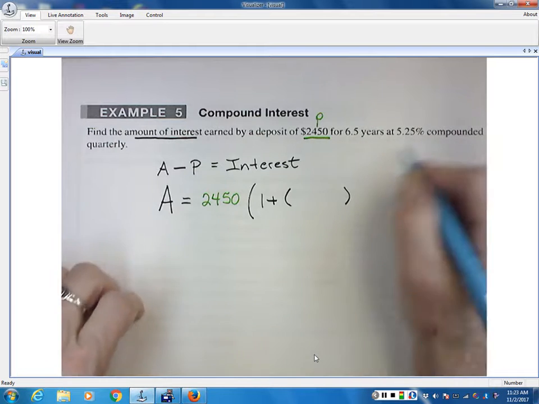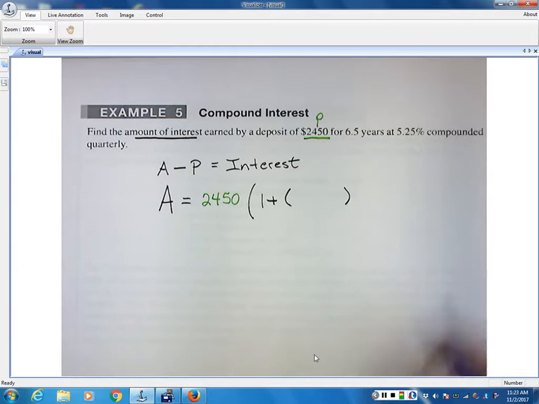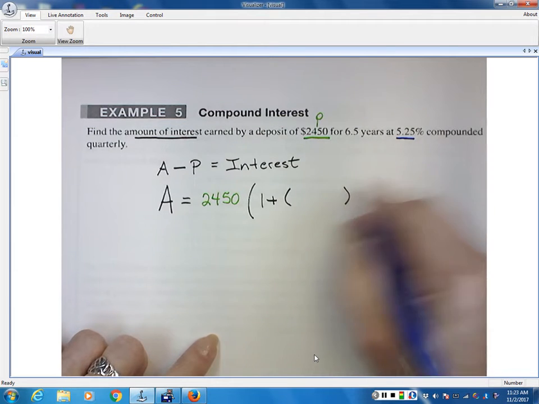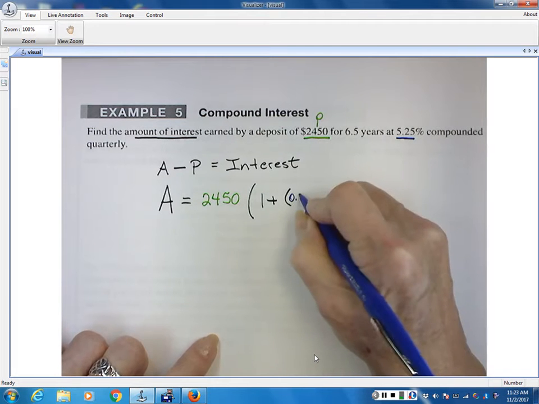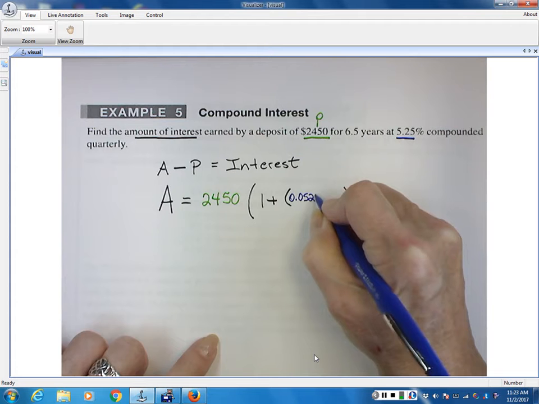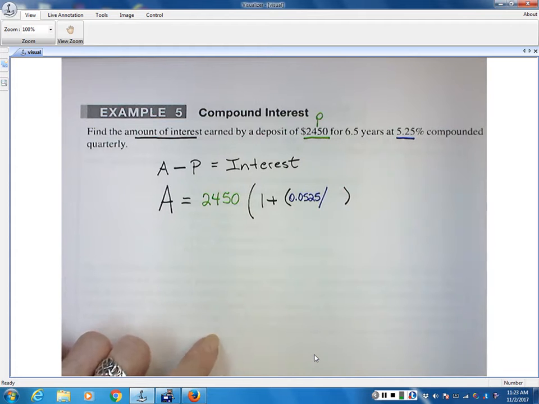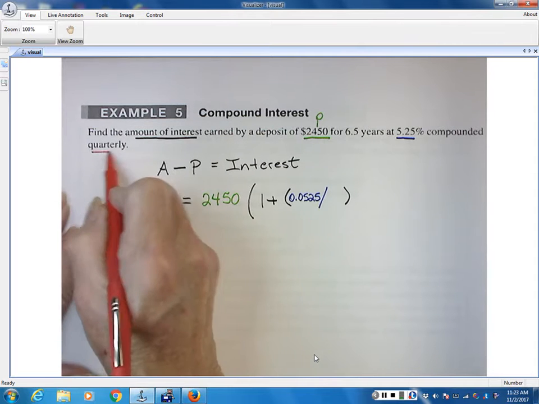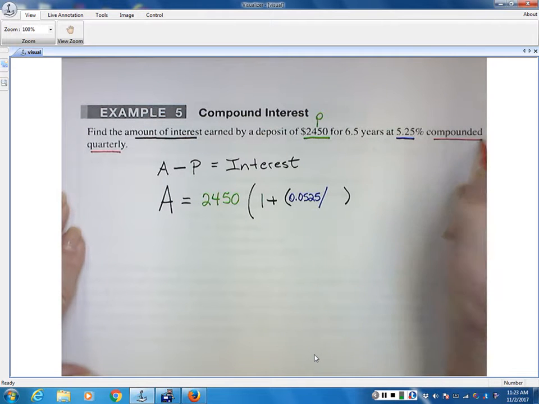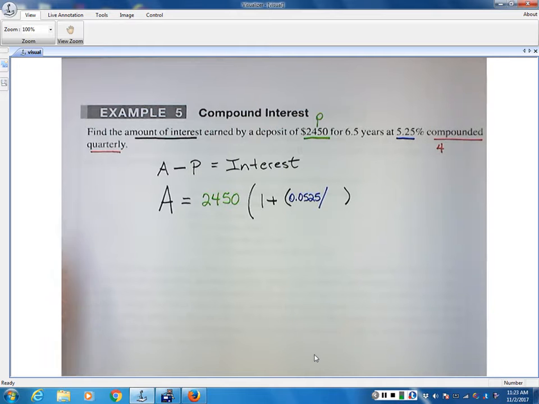It comes from the annual interest rate, and then by how often you compound. Which is 4 times a year.